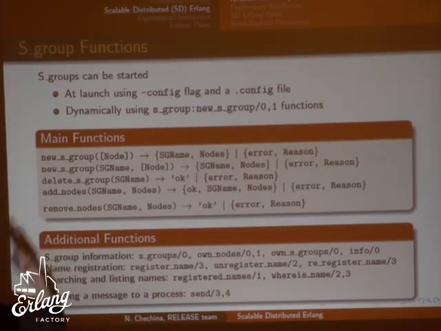In the first one, we define only a list of nodes, and the name of the S-group is generated automatically. In the second one, we also define the name of the S-group. We can also delete S-groups, add nodes to S-groups, and remove nodes from S-groups. And there are additional functions, of course: a list of own nodes, that's about S-group information, and then we can register and unregister names in S-groups, search, and send messages.